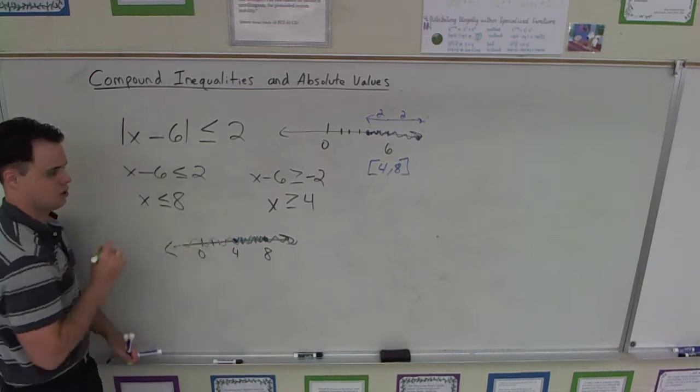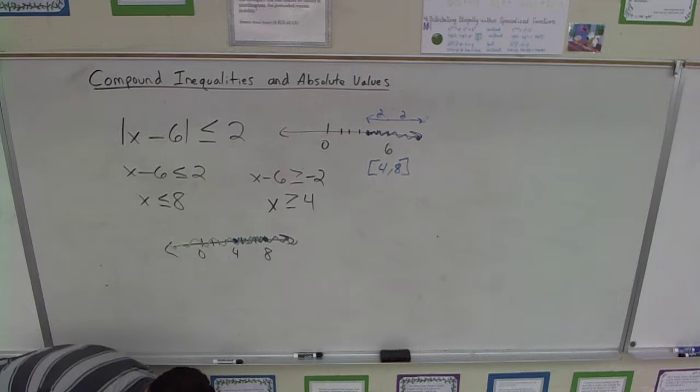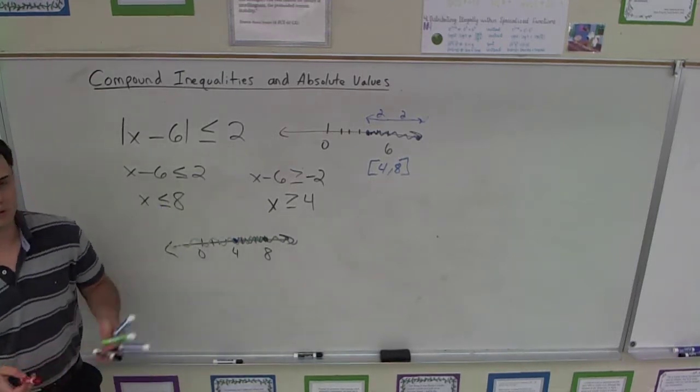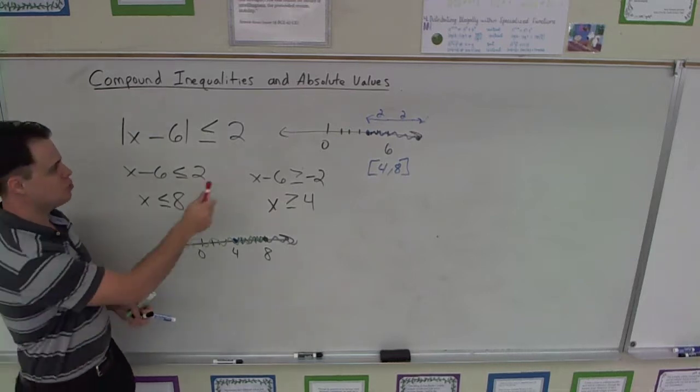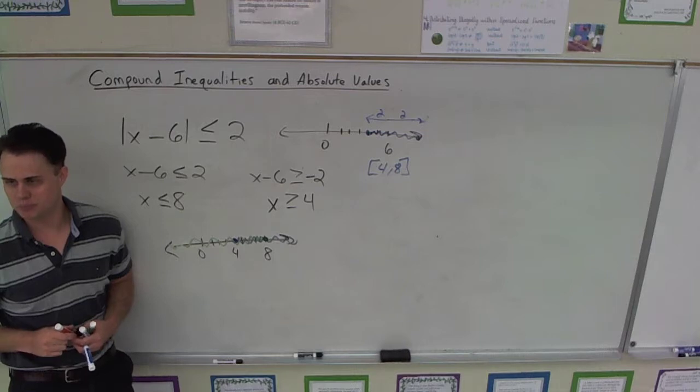Less than 8. Is it negative infinity to infinity? Go with your gut. We know the answer from the picture is 4 to 8. So what symbol must we have had to put in here? Or and? And.